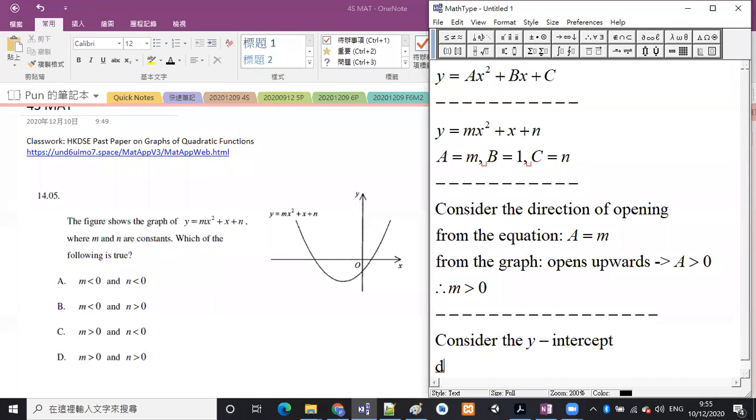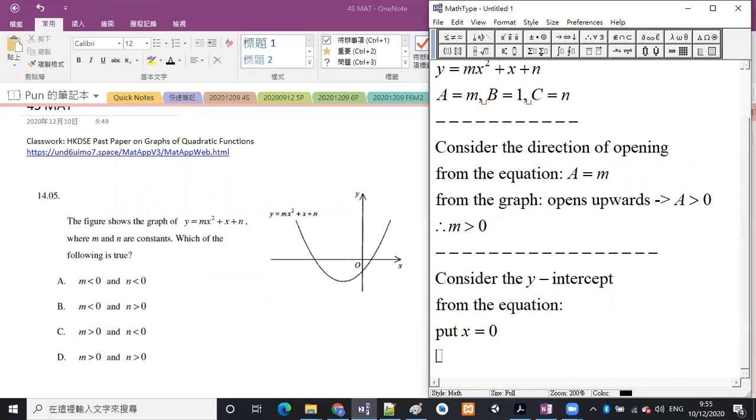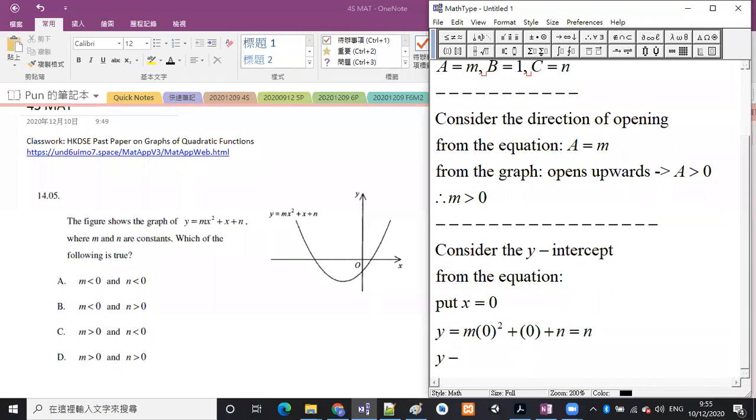From the equation, if we want to find the y-intercept, we will put x to be 0 and then calculate the value of y. y will be just equal to m times 0 squared plus 0 plus n, that is equal to n. From the equation, we can find that our y-intercept is equal to n.